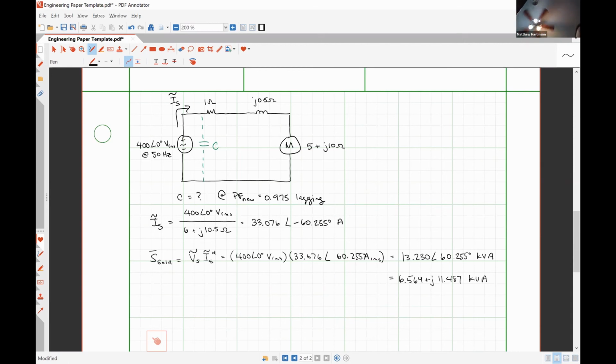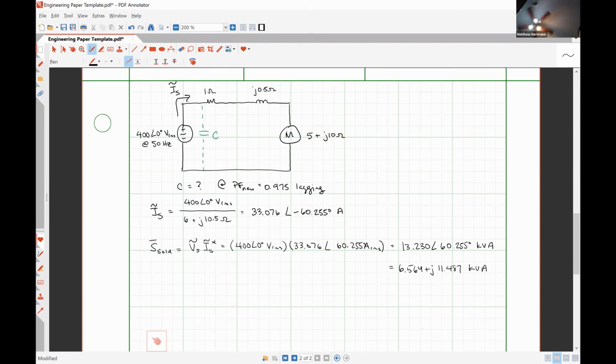Now, let's see. My complex power after power factor correction is going to be the average power before power factor correction, because power factor correction holds the average power constant, divided by our new power factor, with an angle of the inverse cosine of our new power factor.